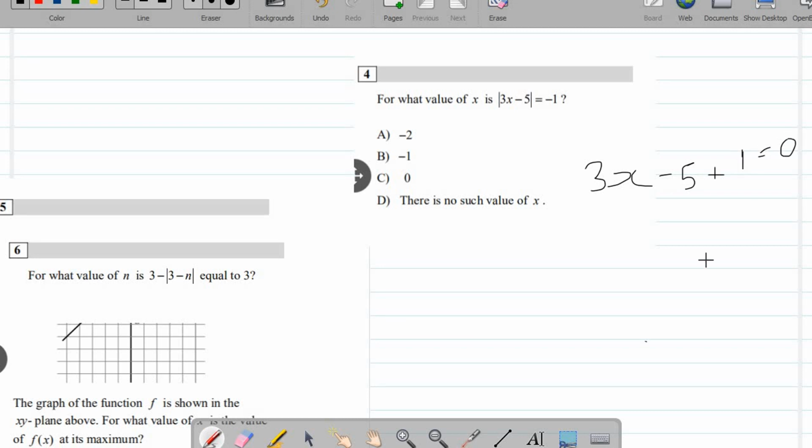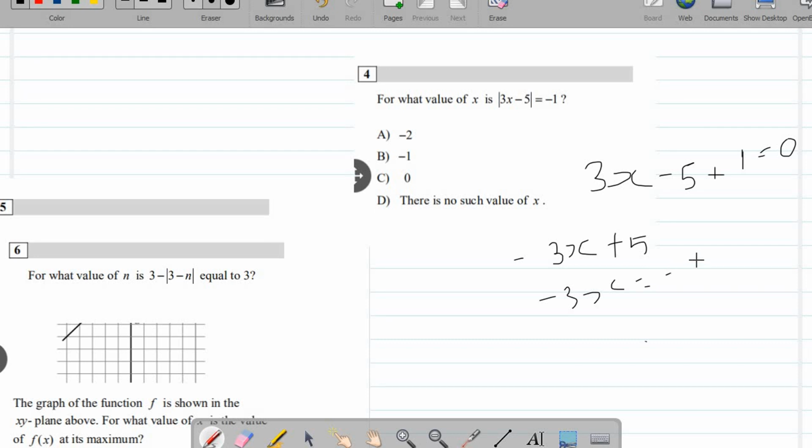If both of them are not the same, then there's no such value of x. So you have minus 4, so 3x equal to 4, x equal to 4 over 3, while the other one you have minus 3x plus 5 plus 1, that's plus 6, so minus 3x equal to minus 6.